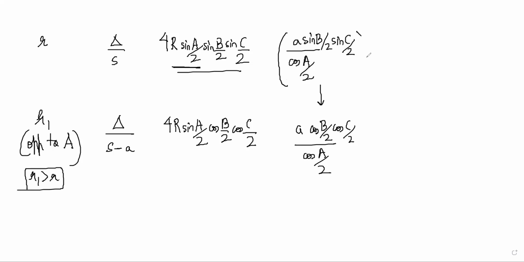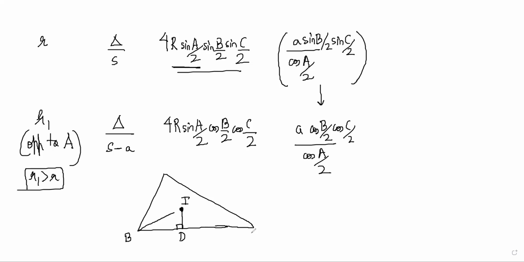This formula was derived by doing BD plus CD is equal to A, if you remember, in the circle. There is an angle bisector. This is my in center, and you can drop a perpendicular here. This is my D, and this is my B, and this is my C, and this is A. So this side is small a.